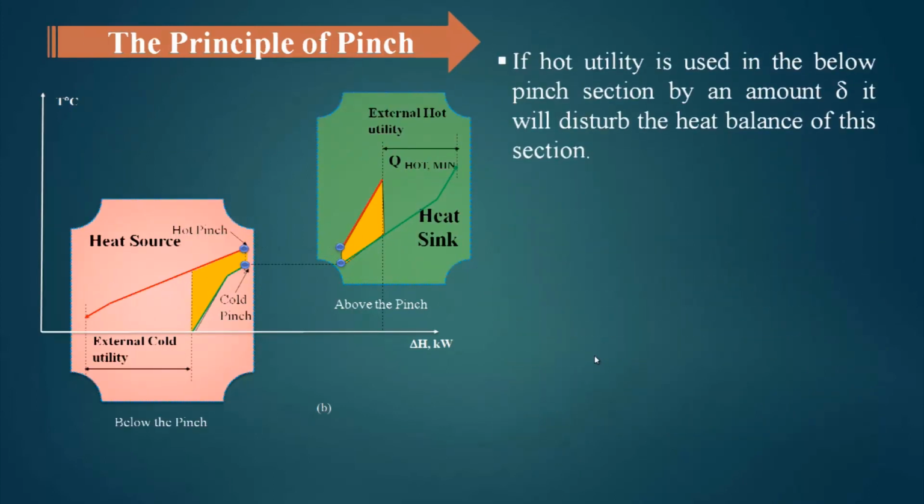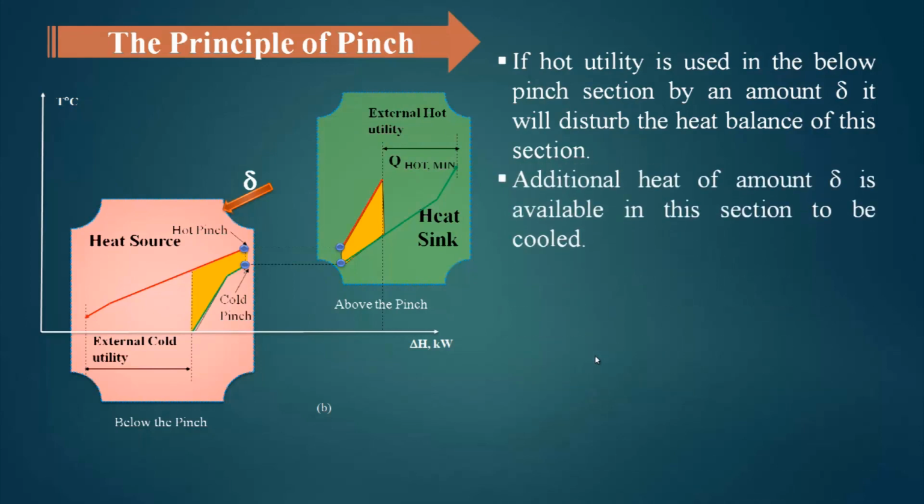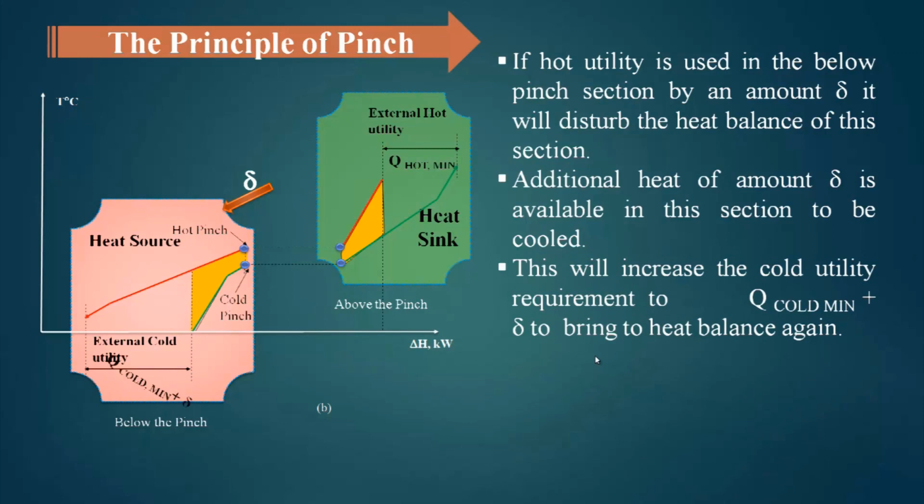Similarly, if I am adding a hot utility to the below pinch area, then obviously overall hot utility demand increases, and to nullify this hot utility of delta amount, I have to increase my cold utility amount proportionately. So, my cold utility amount is now Q cold minimum plus delta.